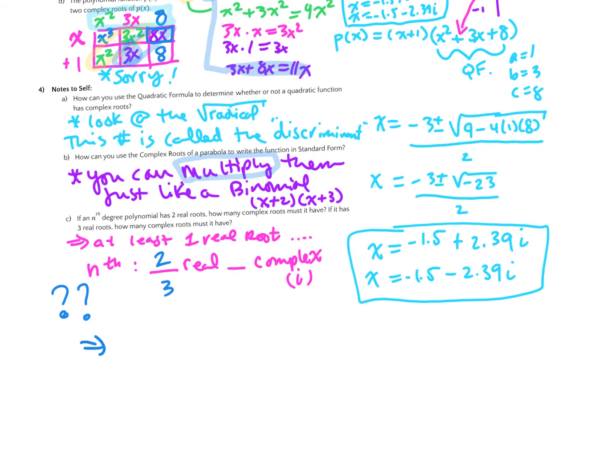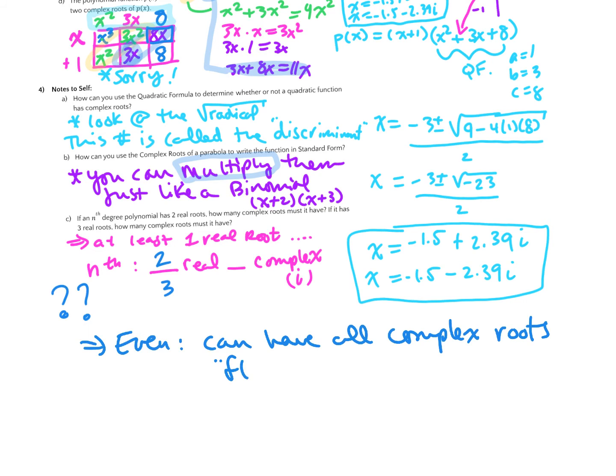If it's even, you can have all complex roots. Think about a floating parabola. I can be up here. We've seen that if it's even, like x squared, x to the 4th, x to the 6th, I can have floating stuff.